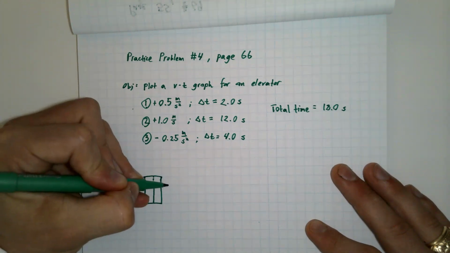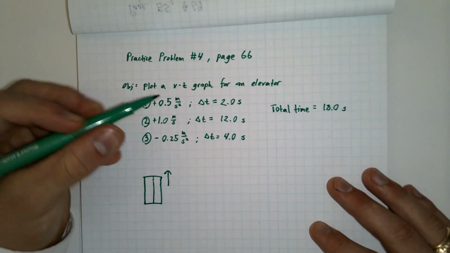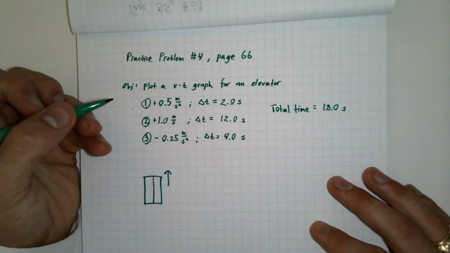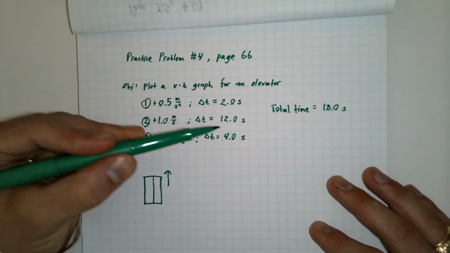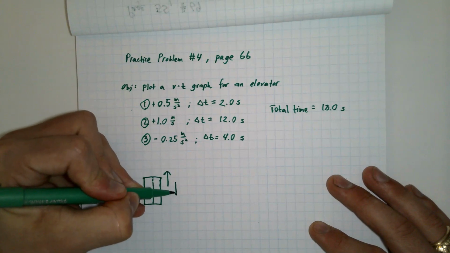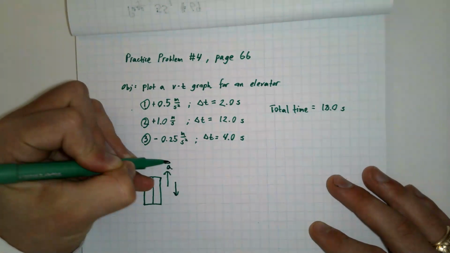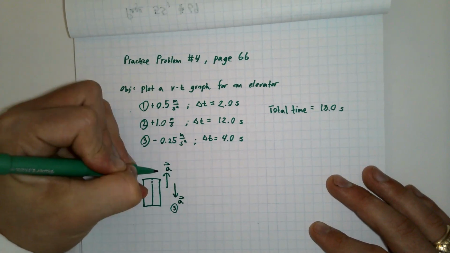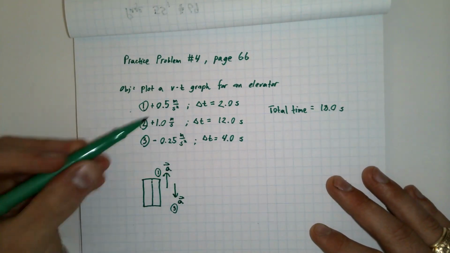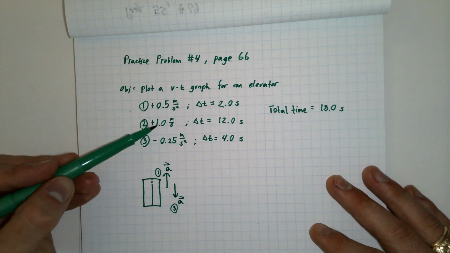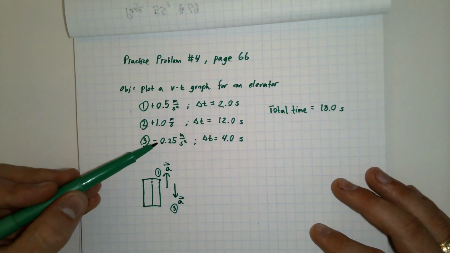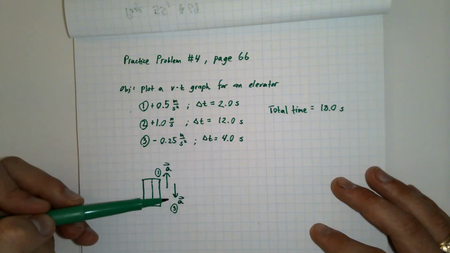Our elevator rises for 2 seconds. Then it moves at a constant velocity for 12 seconds. Then it slows down, but is still moving upwards. This is just our acceleration vector. Here's 3, here's 1. It accelerates at first for a period of 2 seconds, holds a constant speed in meters per second for 12 seconds, and then it slows down at this rate for a period of 4 seconds.